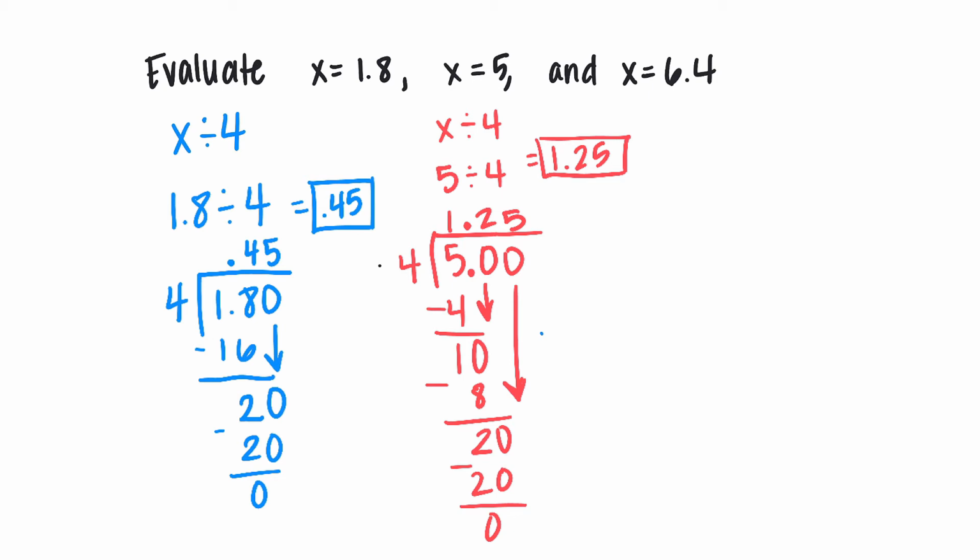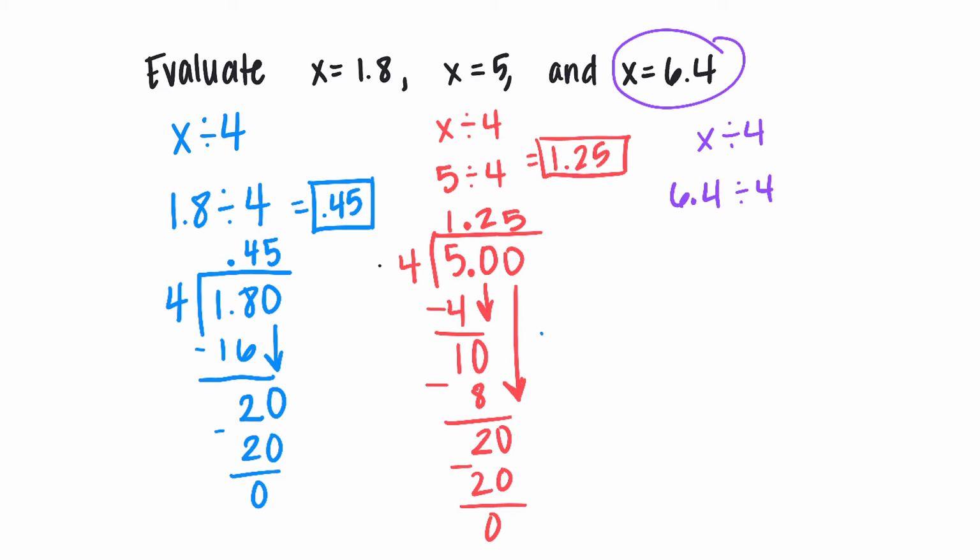And this next one, it's going to kind of be the same type of deal. I'm going to do that in purple, this last one. So we have x divided by 4. In this case, x is 6.4, so we'll do 6.4 divided by 4. Okay?